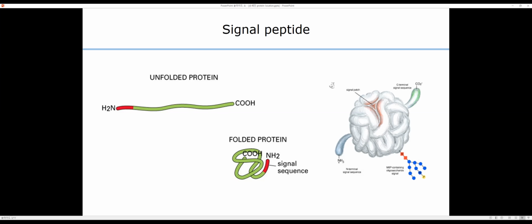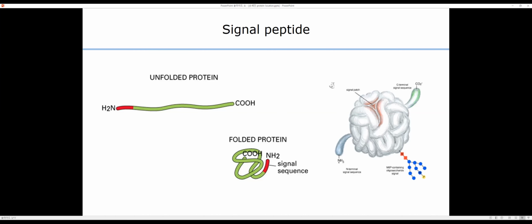Chaperone means a kind of carrying helper who introduces a new girl to the dancing club, kind of an old woman who carries the new girl to the dancing group and introduces her to everybody. That is the original meaning of a chaperone. So originally, this peptide is just synthesized, not properly folded. The chaperone helps with the folding. That is a chaperone protein.